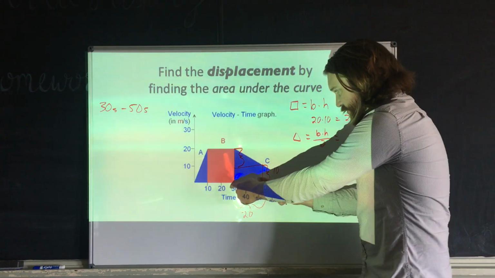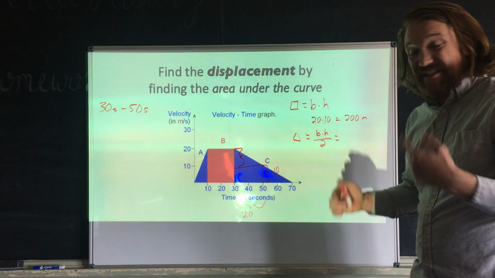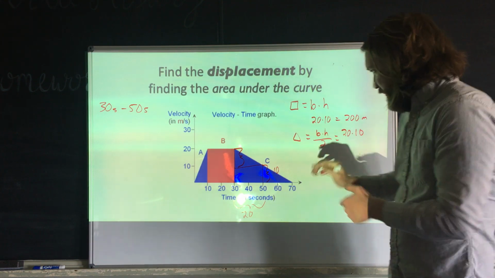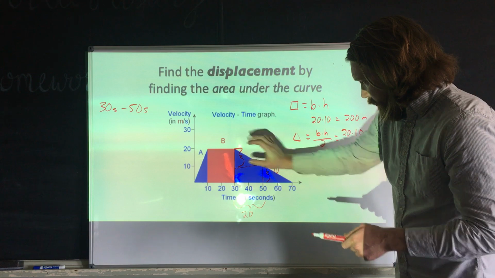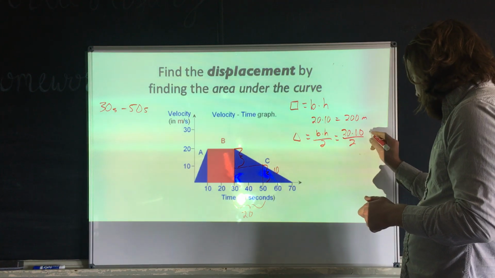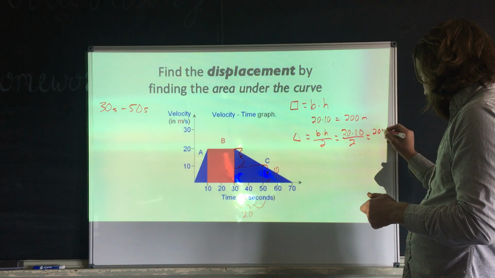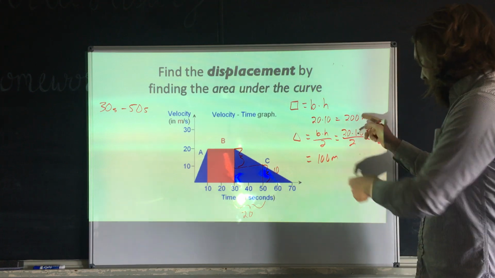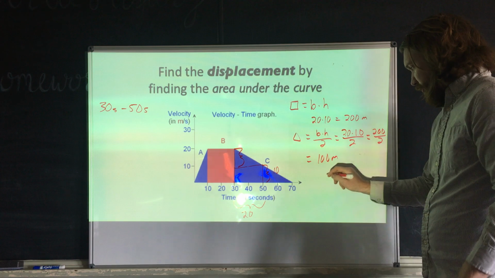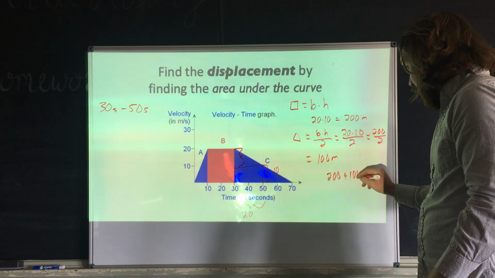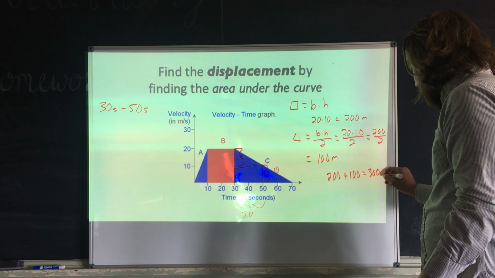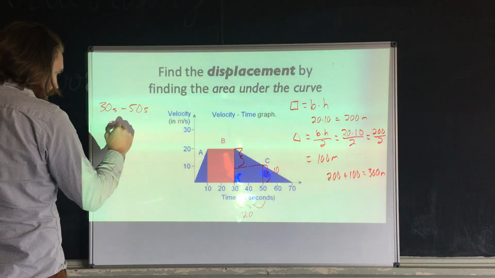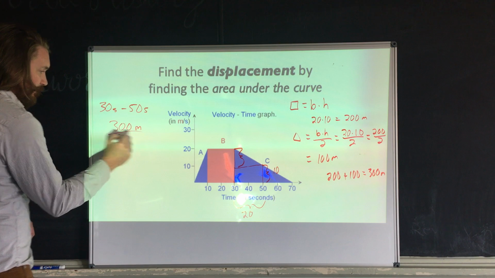My base is still 20, but my height is now 10. Divide that by 2. This is 200 divided by 2, which is equal to 100. You add these together, 200 plus 100 equals 300 meters. So between 30 and 50 seconds, I went 300 meters.